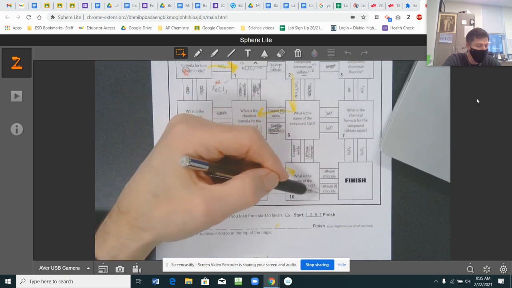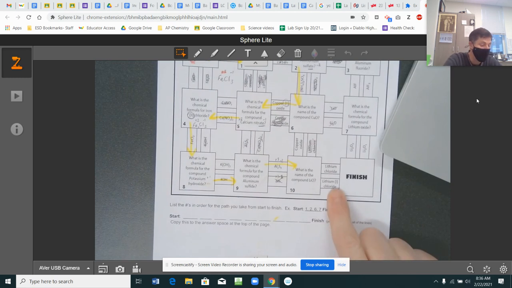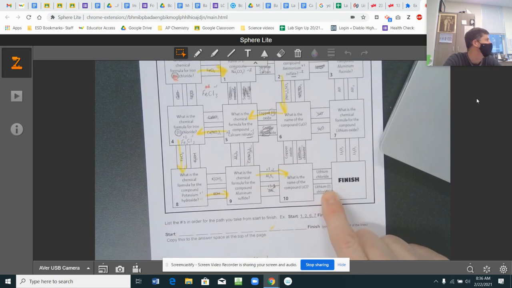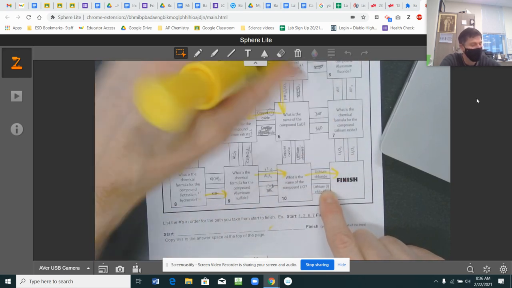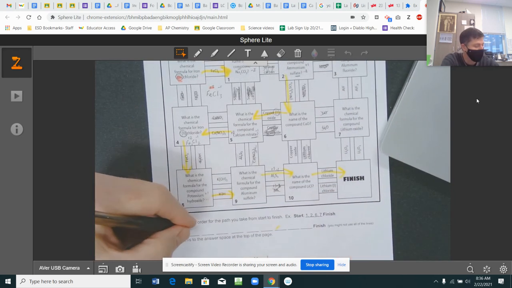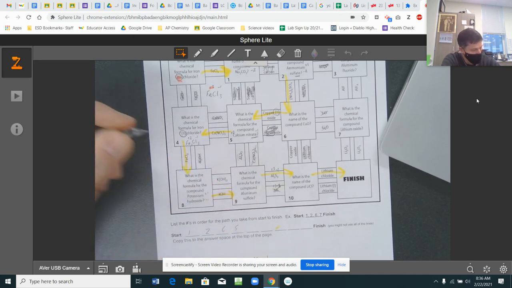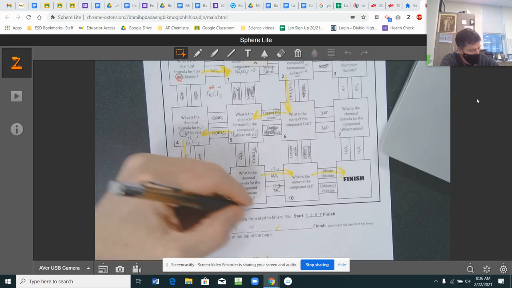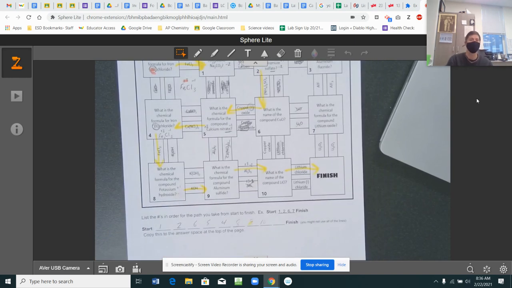So lithium chloride, lithium 1 chloride. Which one would be correct? Lithium chloride. Can lithium have any other charge? No. So the Roman numeral doesn't do anything. It has no other choice. So if we're going through and do that, that would have been our sequence for that.